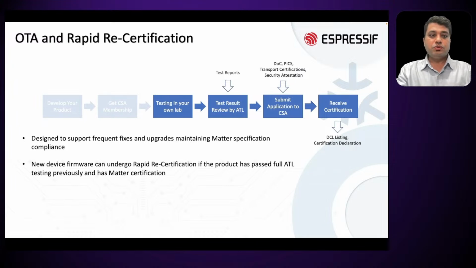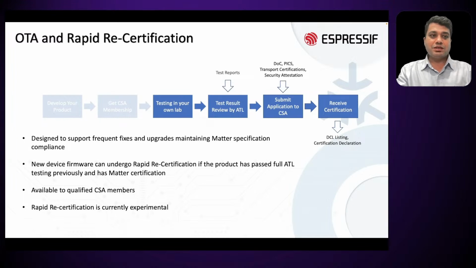In this case, new device firmware can undergo a rapid recertification process, and this is applicable only when the original product has passed full authorized test lab based testing and has gotten successful Matter certification. This is available to qualified CSA members, and this is currently in experimental form.